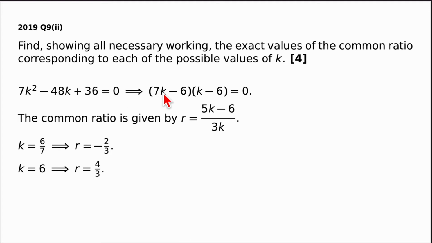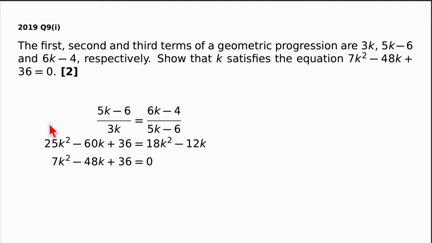Now there's 2 values of k that are possible here. One value of k is 6 divided by 7, so k equals 6 over 7, and the other solution is k equals positive 6. Now I'm asked to find out what the common ratio is, and the common ratio is given by the second term divided by the first term.